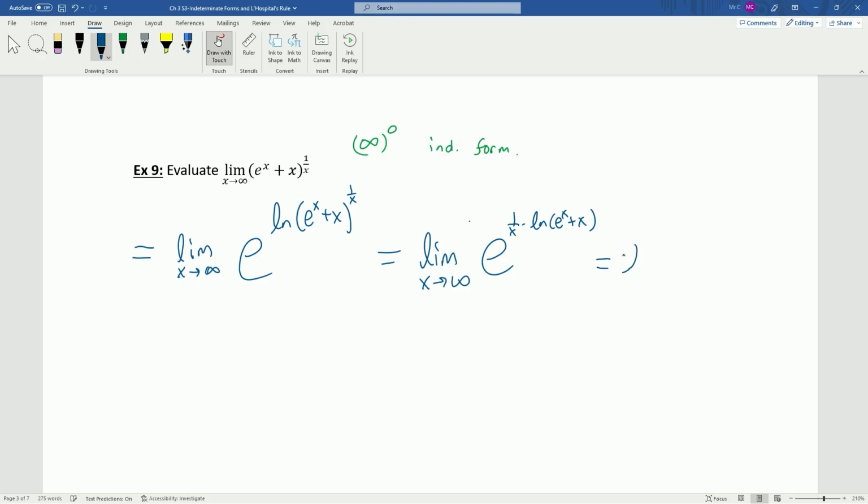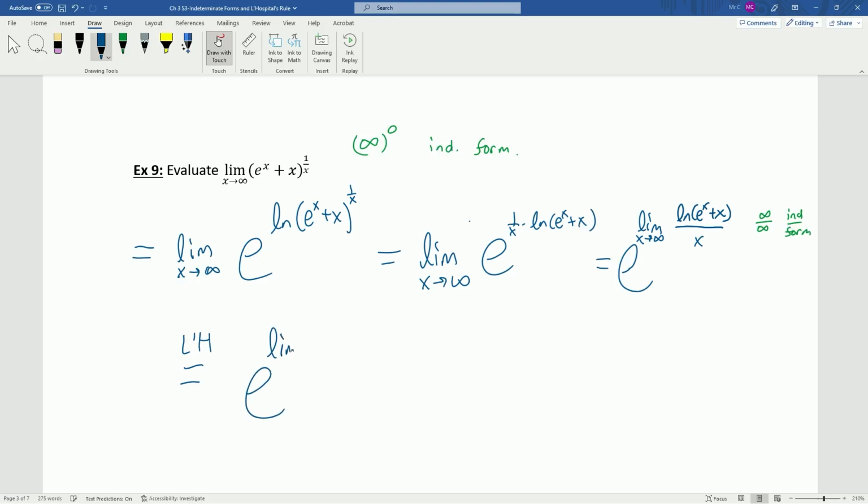And now I'll move my limit inside the power. And so now what I see is in my exponent, this limit is infinity over infinity indeterminate form. And so I can apply L'Hopital's rule.